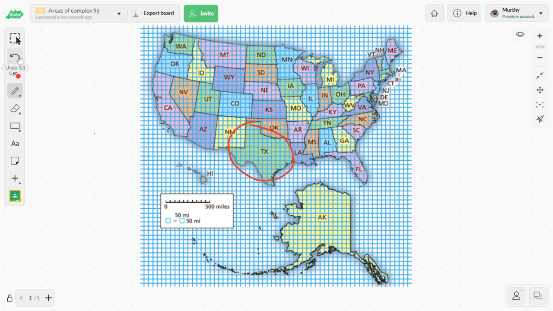So, how can we find the area of this? Suppose you take Kansas, it's just in the shape of a rectangle, so you can find the area easily. And Arizona is also almost in the shape of a rectangle. It's easy to find the area.